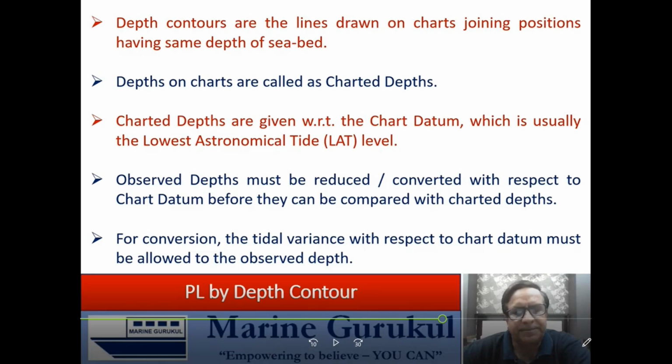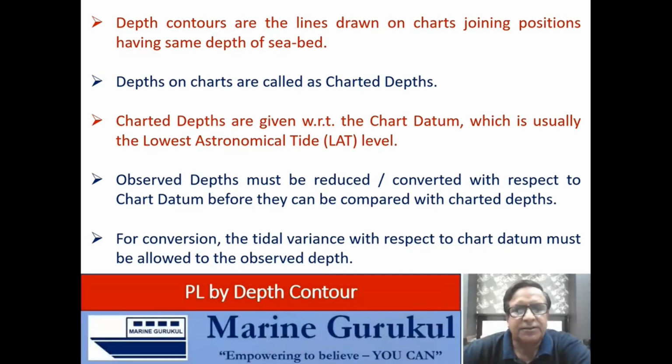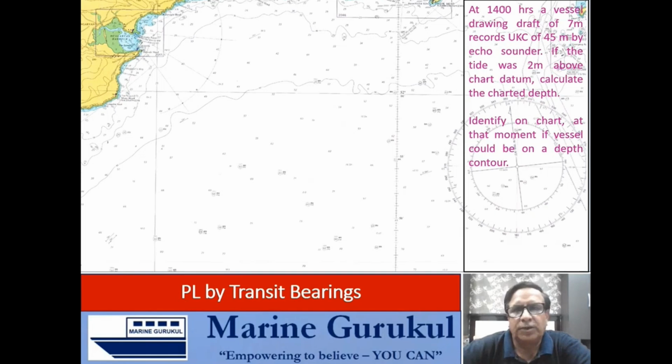Using this information, we will be able to solve the next example on the chart, which we are going to see now. Let's look at it through an example. At 1400 hours, a vessel drawing 7 meters records an underkeel clearance or UKC of 45 meters by echo sounder.